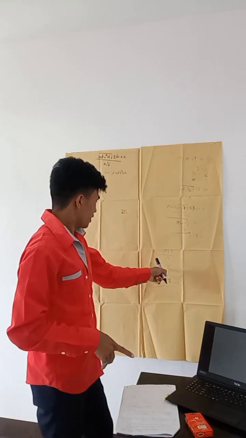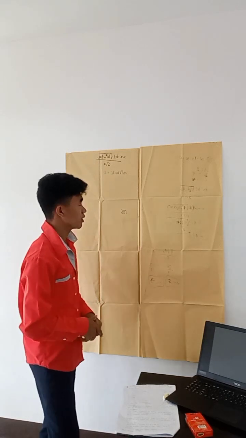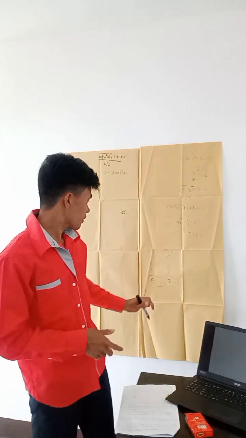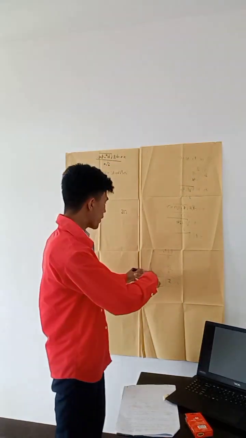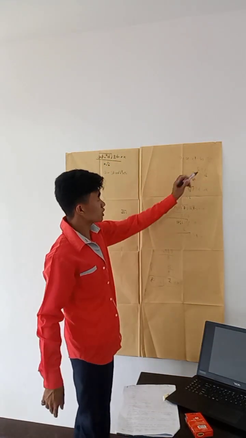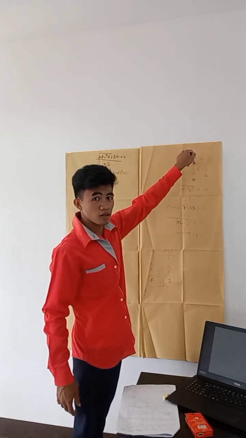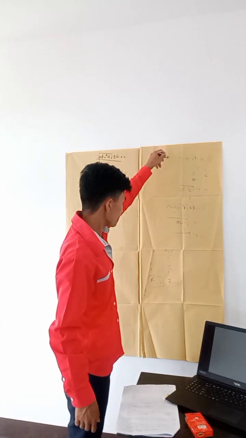Therefore, the values of x are negative 3 and 5. If we substitute these values into the equation, the result is correct.